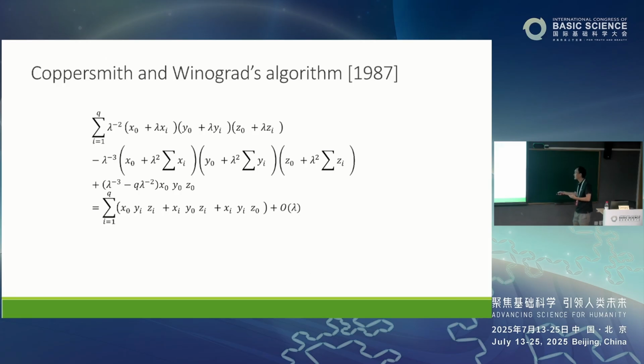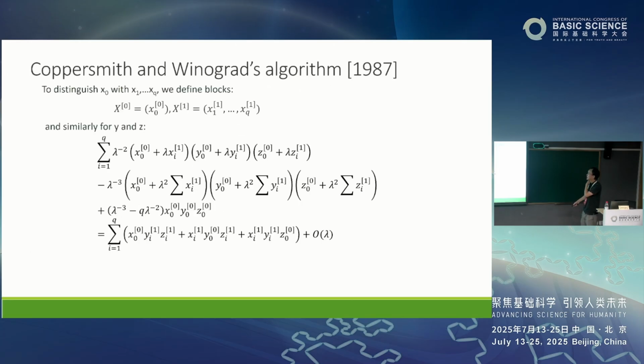So this is the tensor they find. If we make it into blocks, that is, x0 is one block, and x1 to xq is one block, and we use a superscript, this denotes 0, and this denotes 1.